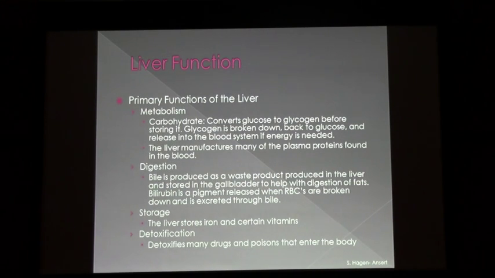The liver manufactures many of the plasma proteins found in blood. It also aids in digestion with the production of bile. And then there's the breakdown of red blood cells. The liver stores iron and certain vitamins, and also detoxifies drugs and poisons that enter the body.